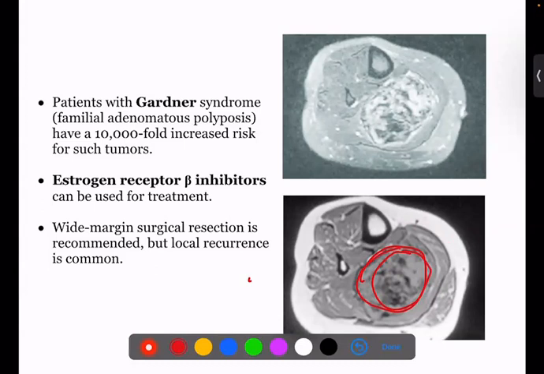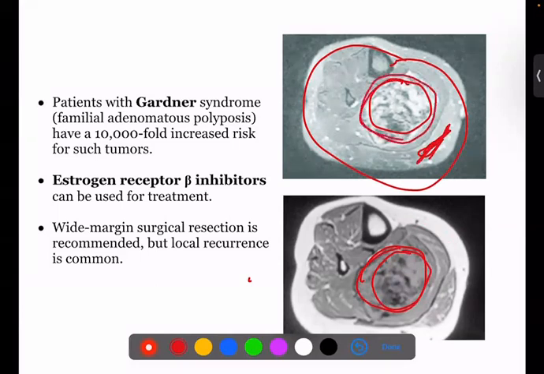Okay, so let's go to the other picture, this one. So this is, the fat is bright and fluid is bright. Sorry, that fat is dark, bone marrow is dark, and the mass is bright. The fluid inside the mass is bright.